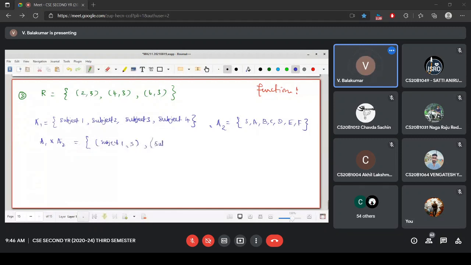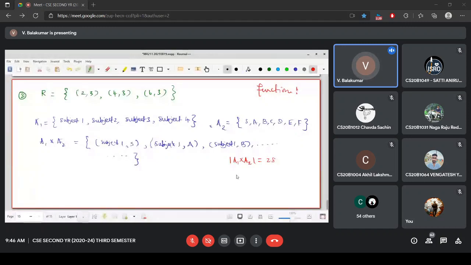Subject 2, maybe subject 1, A grade. Again, subject 1, B grade. How many elements will I have? Can somebody tell me how many elements I will have? Let me write it down here. I will be having A1 cross A2. The number of elements is 4 subjects, 7 grades. So 28 elements are there.